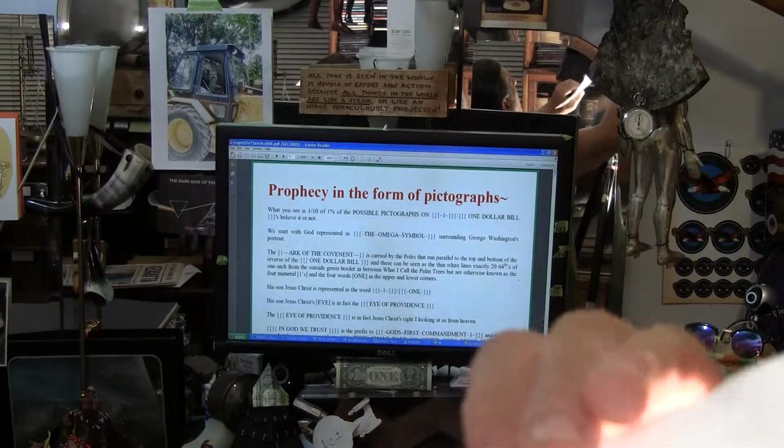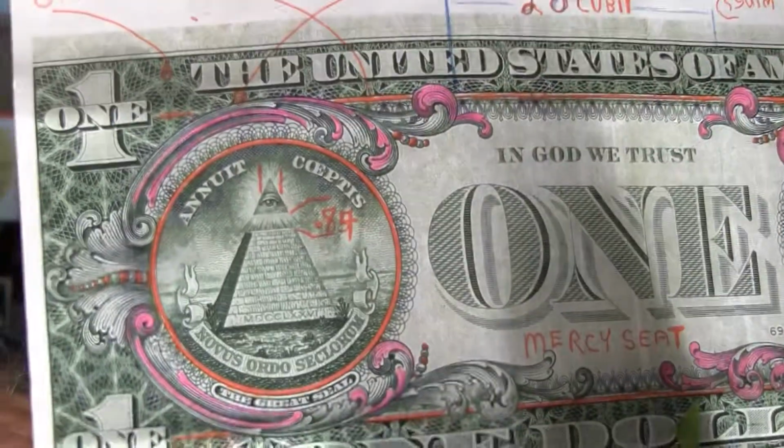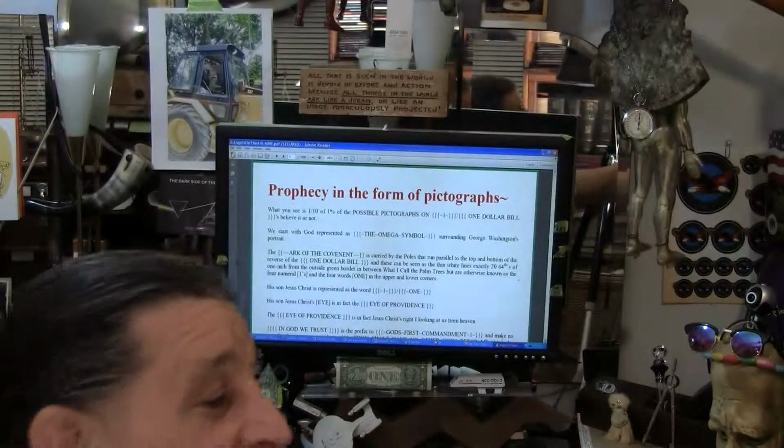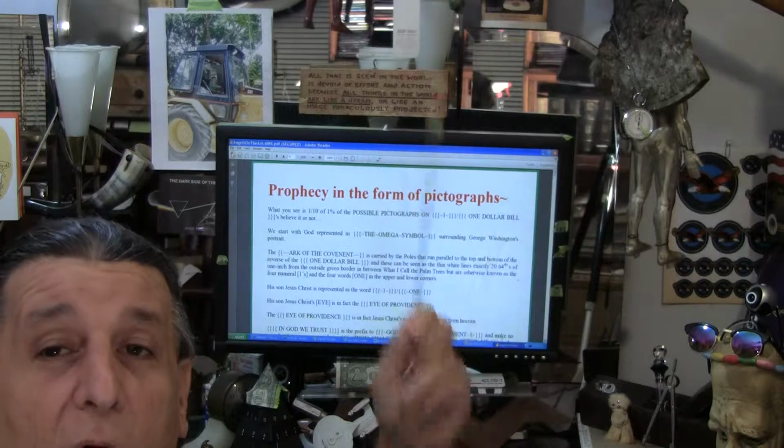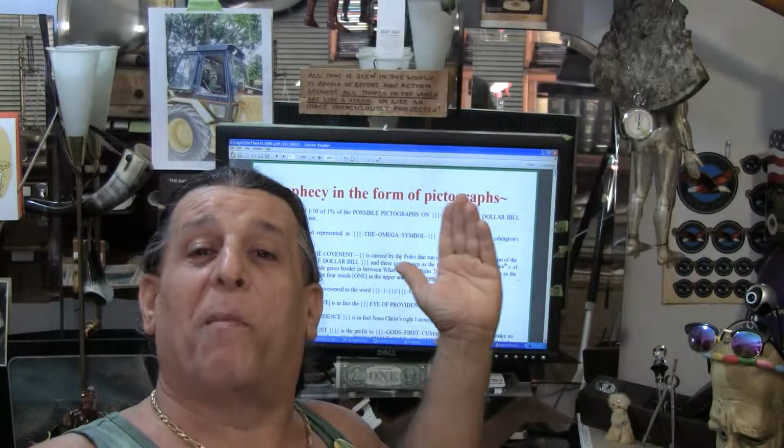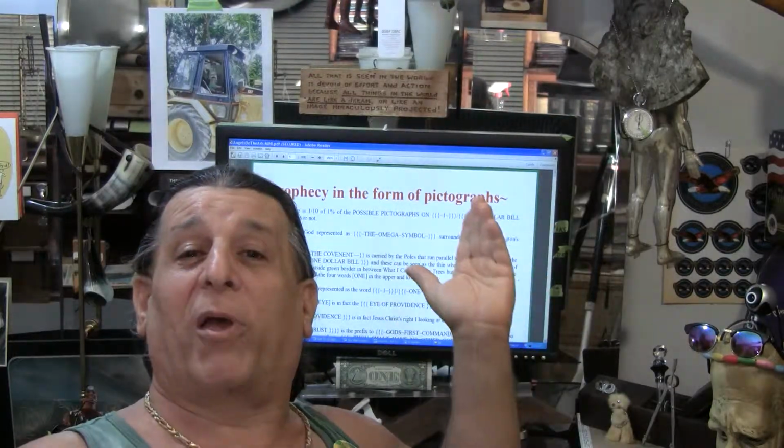And of course, there is the Great Pyramid, which is another representation. The Great Pyramid, in fact, and it's in my book, folks, it must be true.